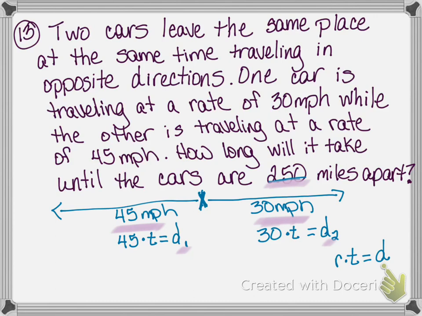So my equation that I need to solve is 45t plus 30t equals 250 miles. Okay, so that's my equation that I'm going to solve. So I am going to move on to the next screen and solve that equation.